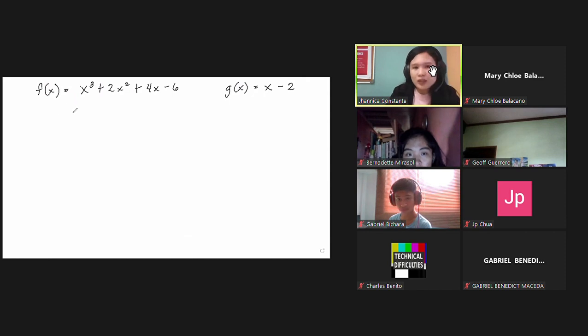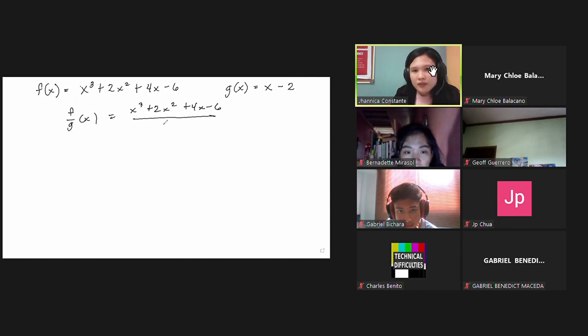Getting the quotient between these two functions: x cubed plus 2x squared plus 4x minus 6 divided by x minus 2.